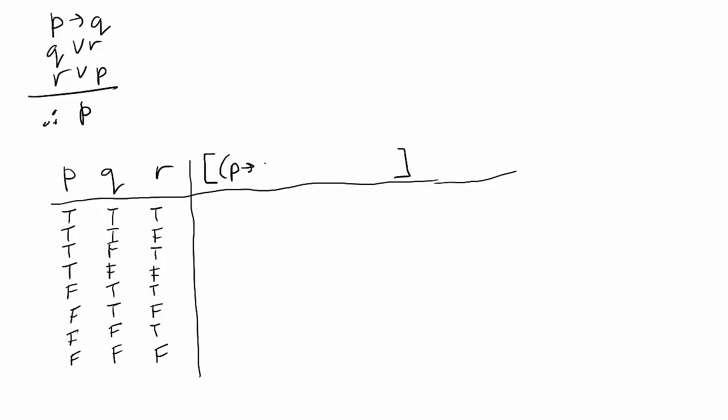So first premise, if P, then Q. And second premise, Q or R. And third premise, R or P. Then make a conditional out of this. Then your conclusion, but the conclusion is just P. So I'm going to put that there. So I'm going to work on all these little mini parentheses first, the innermost parentheses.